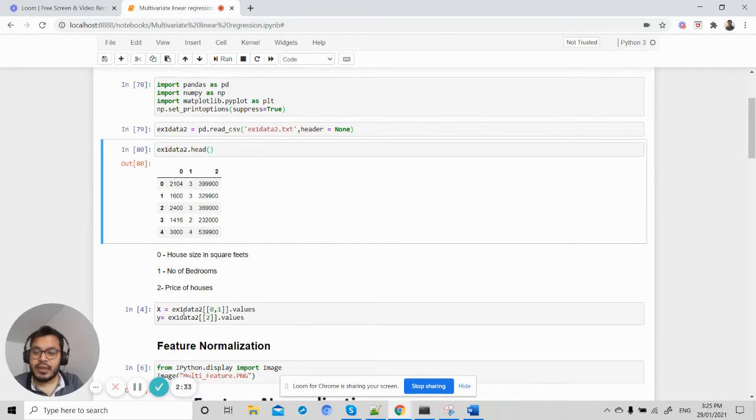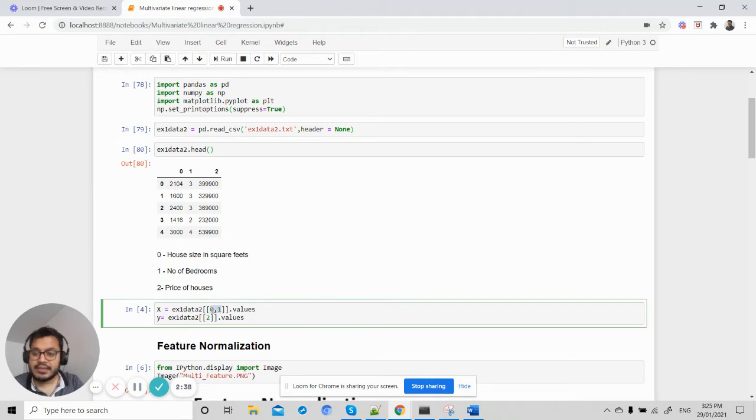In X I have included my two columns, that is house size and number of beds, and in Y we have the prices of houses.